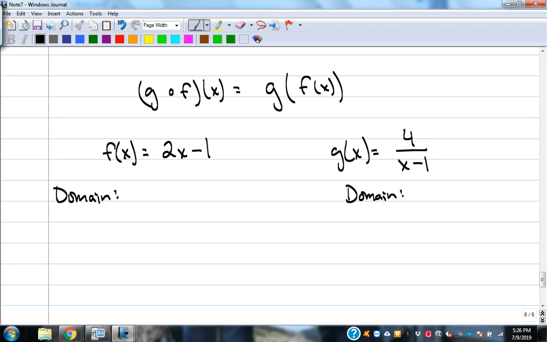F of x, what's its domain? Does it have any restrictions? Are there any red flags in 2x minus 1? No. So its domain has to be from negative infinity to positive infinity.